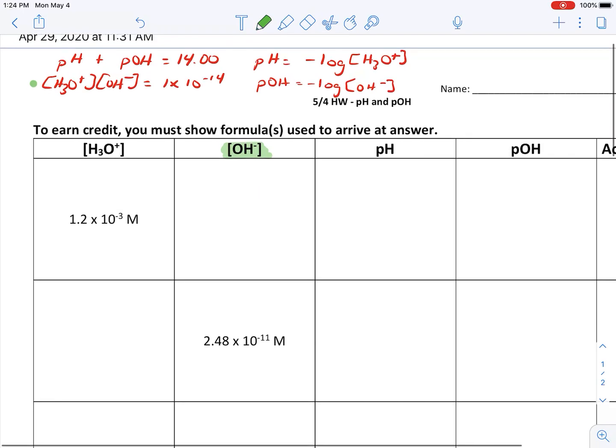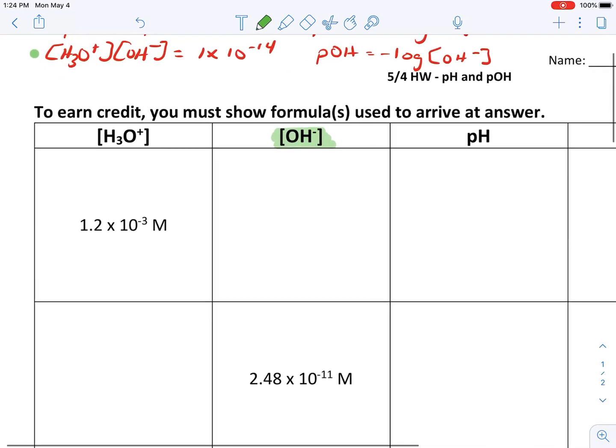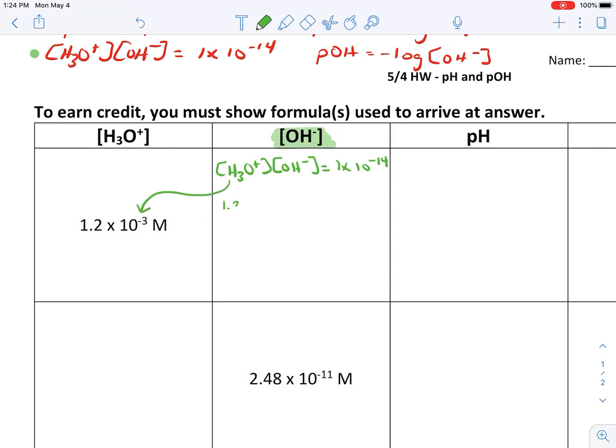I'm going to make this just a touch bigger, still keeping my formula in view. We have our hydronium ion concentration times our hydroxide ion concentration is 1 times 10 to the negative 14th. This is the formula that was given to you in the notes. We know our hydronium ion concentration, so we plug that in: 1.2 times 10 to the negative 3rd times our hydroxide ion concentration is equal to 1 times 10 to the negative 14th.